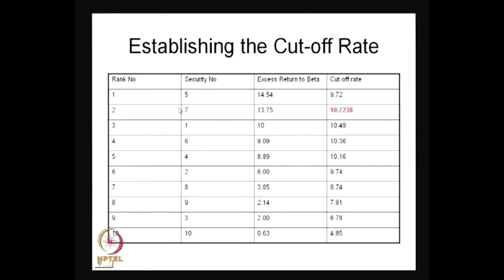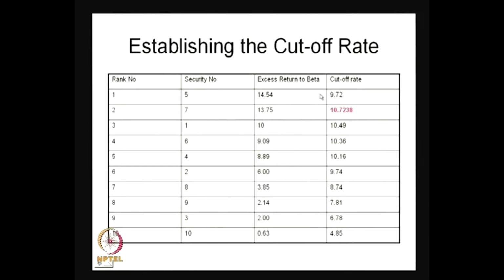Security number 5 has got rank 1, security number 7 has got rank 2, security number 1 has got rank 3, like that. So we have given different ranks to the different securities, and here the excess return to beta ratio is arranged accordingly on the basis of the ranks: 14.54, 13.75, 10, 9.09, 8.89, 6, like that.